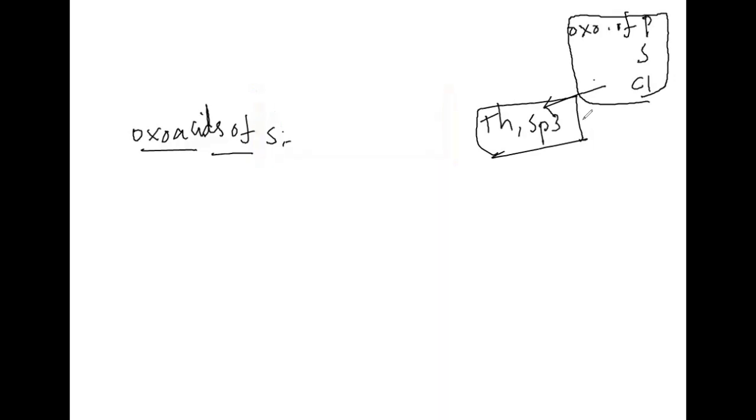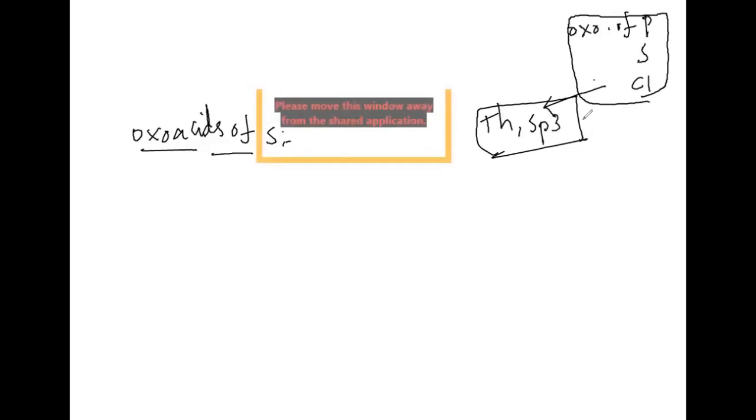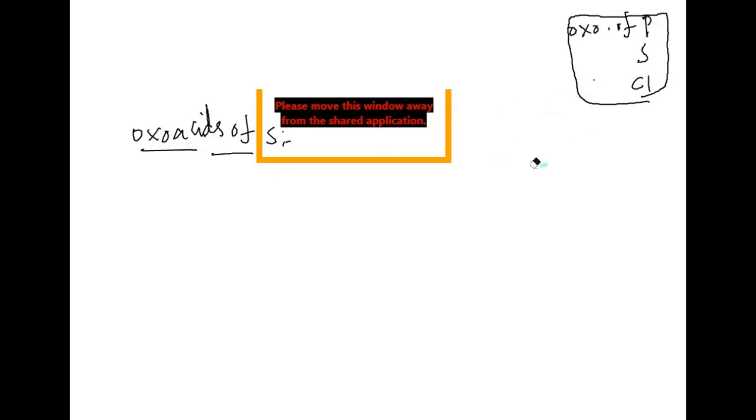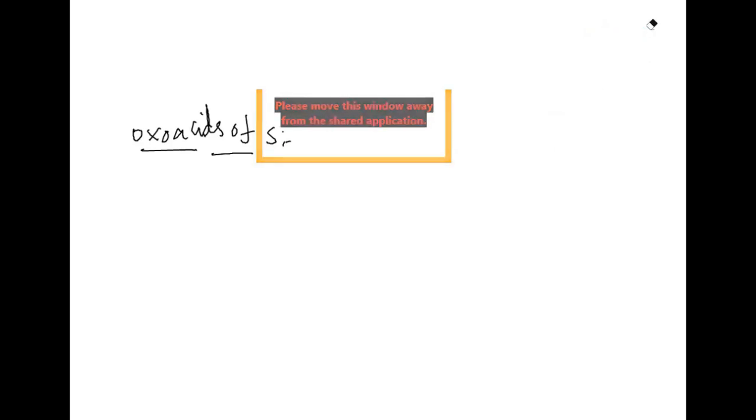In all the places we can see sp3 hybridization and tetrahedral geometry. Just remember this point. Our memory is also going to play a key role in the final exam, right?